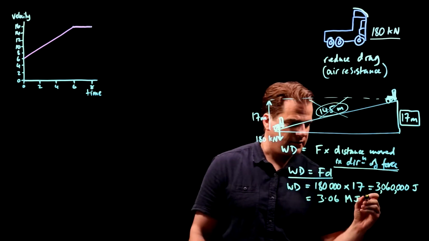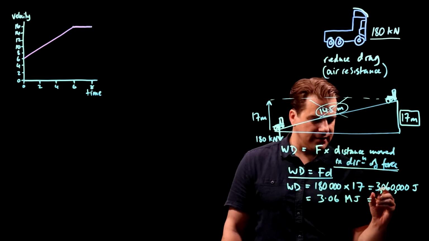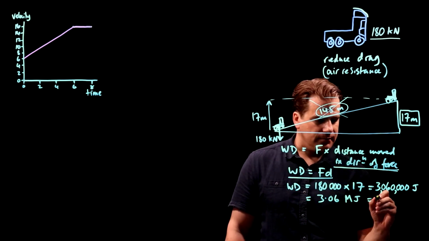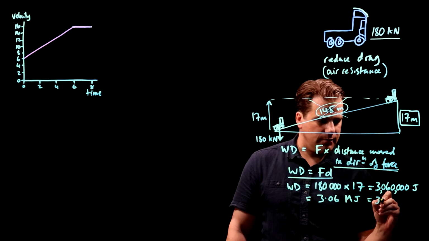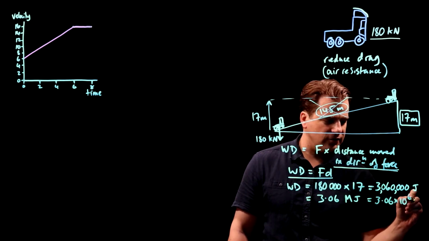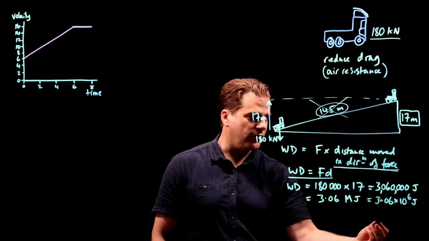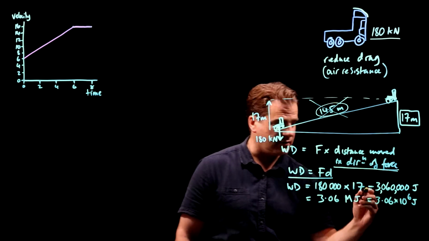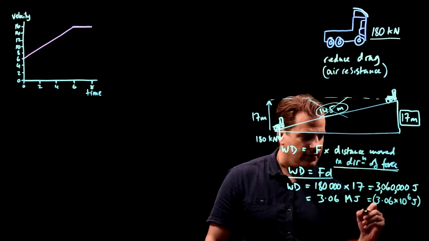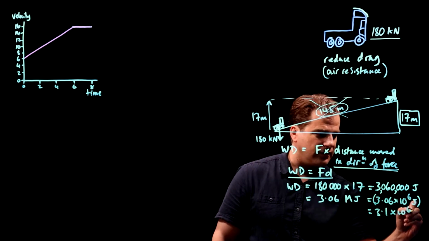I would write that. You could also say that it's 3.06 times 10 to the 6 joules, but we don't write after the decimal point in standard form. You only have to have one digit, so I'll put that in brackets. You would actually write 3.1 times 10 to the 6 joules.